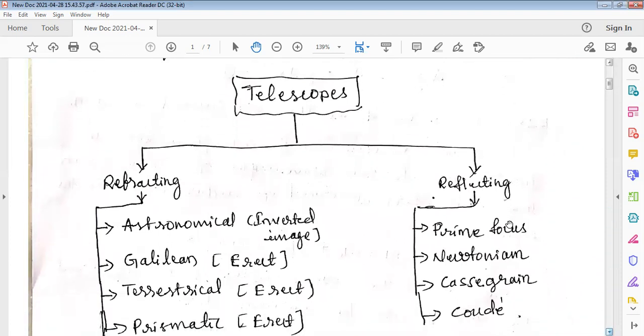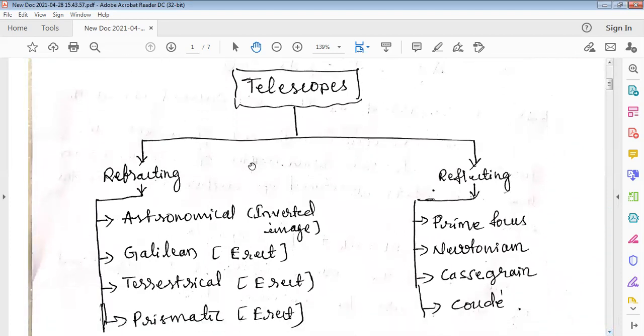Telescopes are broadly divided into two groups. One type is called the refracting telescopes, and the other is called the reflecting telescopes.